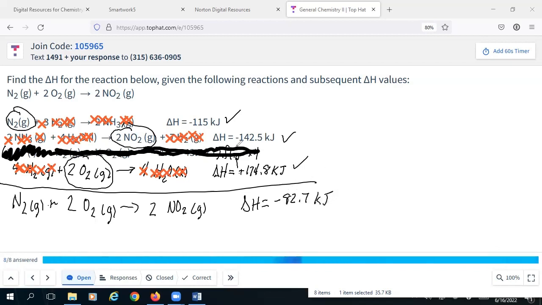If we're being super strict about significant figures, we will need to round that to -83, since our first value doesn't have a decimal place.